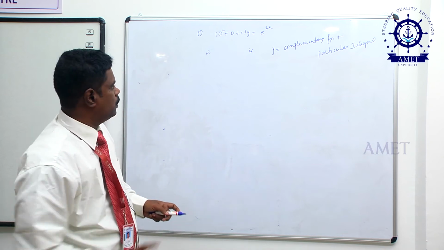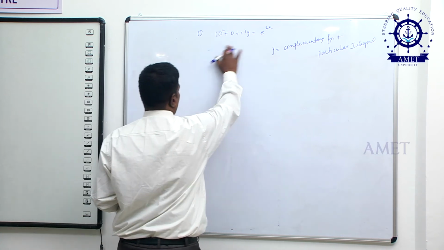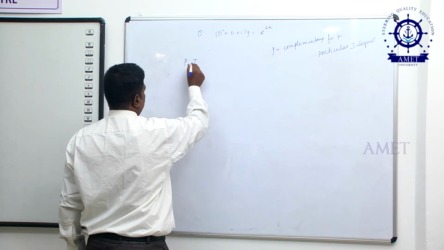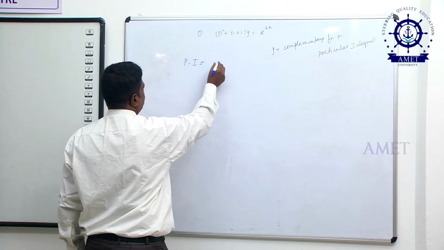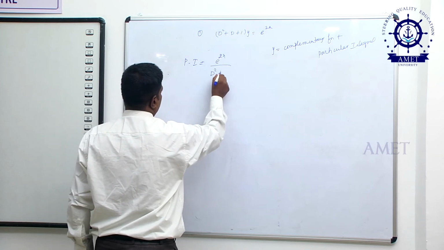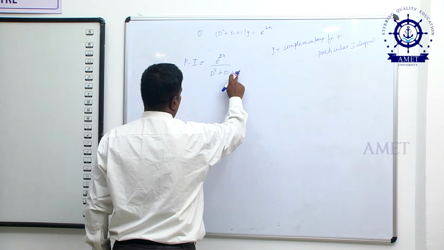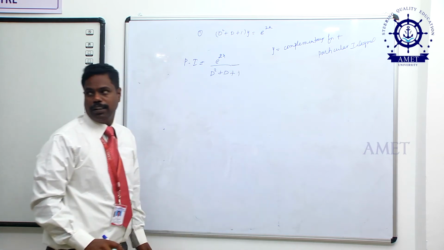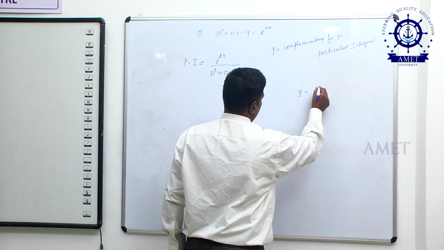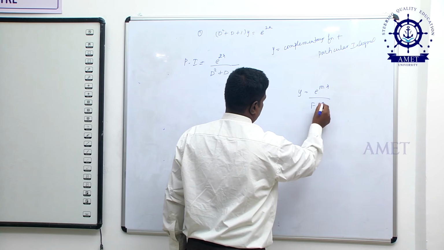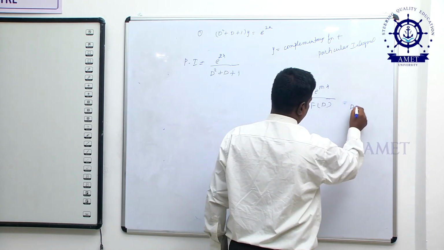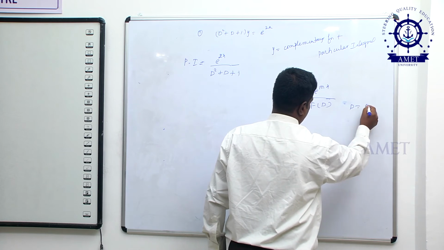The complementary function part we have already seen. Now we see the particular integral, which we shortly write as PI. PI equals e power 2x divided by the derivative part, D squared plus D plus 1. The general format is, whenever the right hand side is a function of e power ax, in f of D, substitute D equal to a.